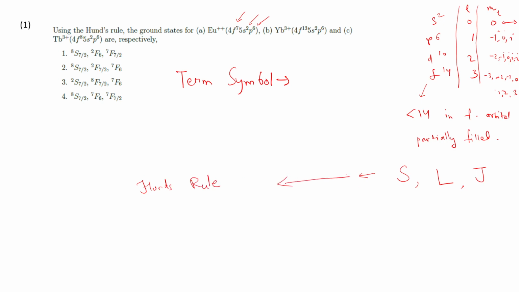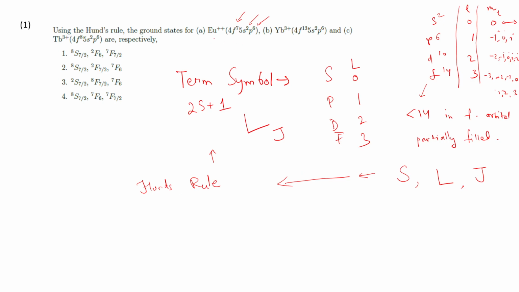The way we represent this term symbol is 2S+1 L J. For L equal to 0, 1, 2, 3 we write S, P, D, F. This is what we are going to do for this species of atoms.